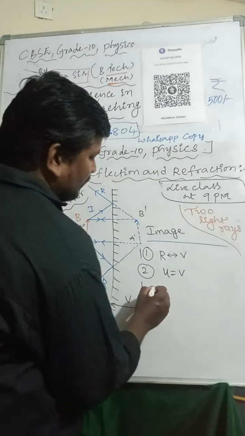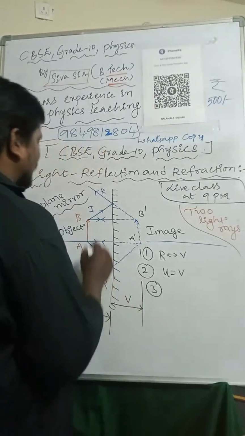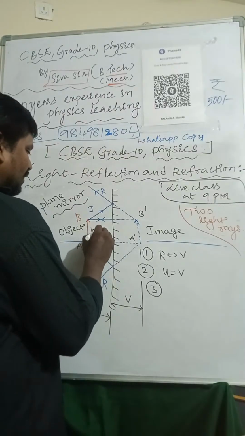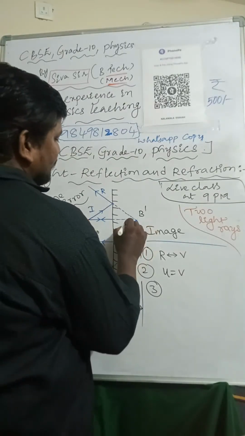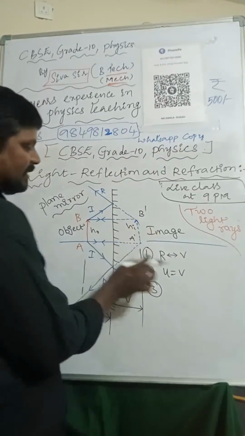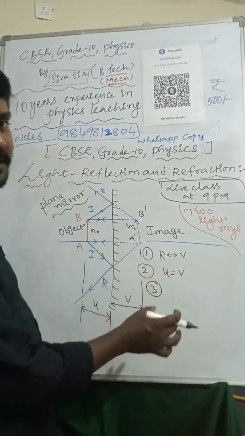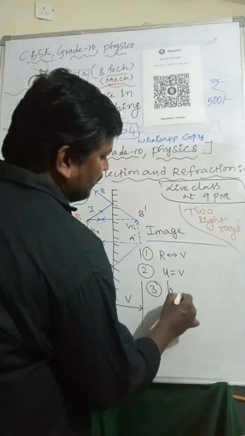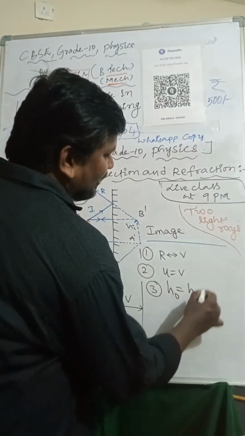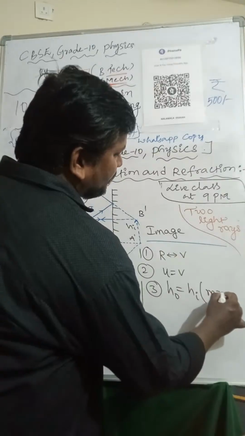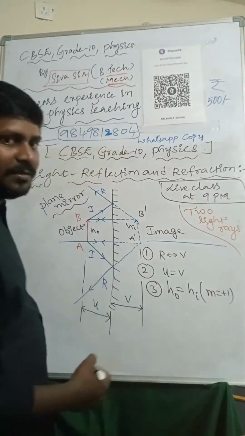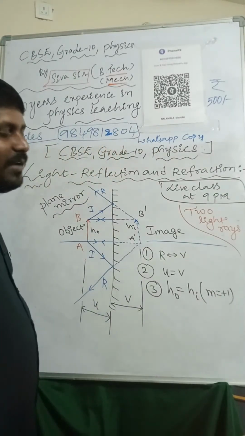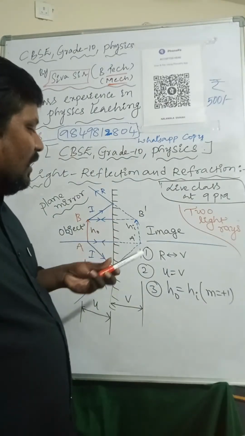And the third one: height of the object is equal to height of the image. So this is the size. This is the distance, and size is different. Here in this case only you'll get magnification is positive. In which mirror will you get positive magnification?